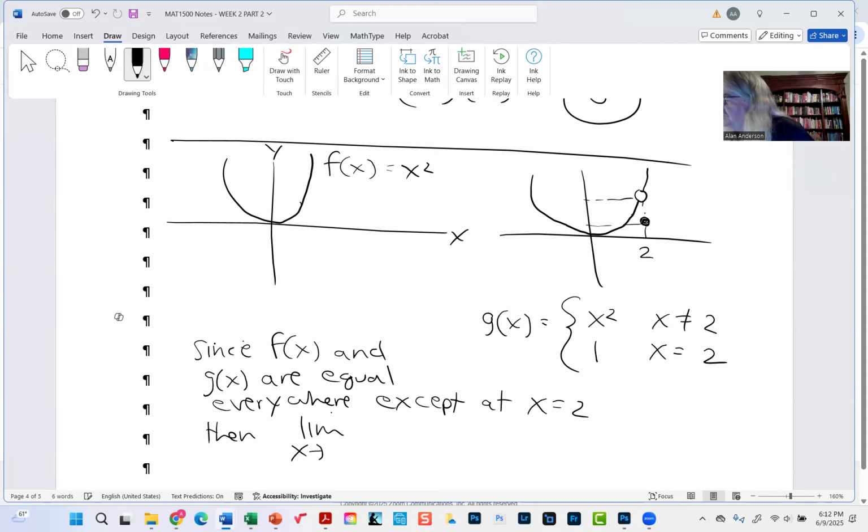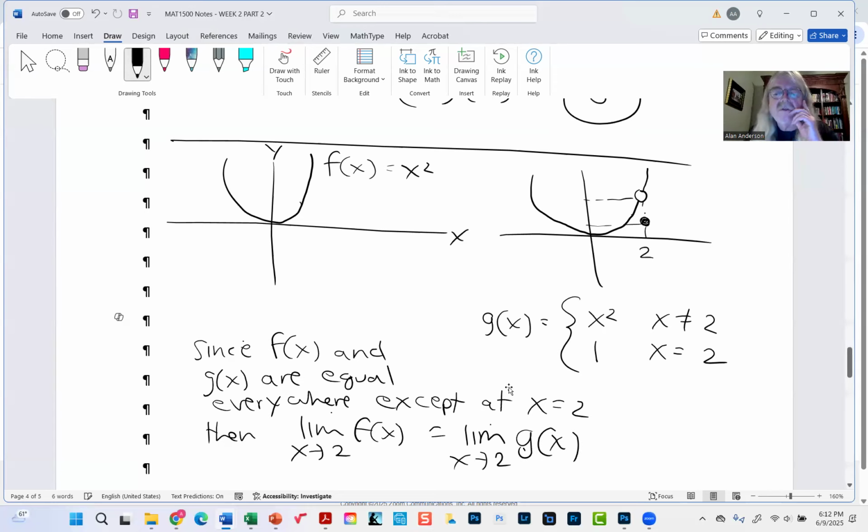That the limit of f of x as x approaches 2 equals the limit of g of x as x approaches 2. And in both cases, 2 squared is 4. That means the answer here is 4.